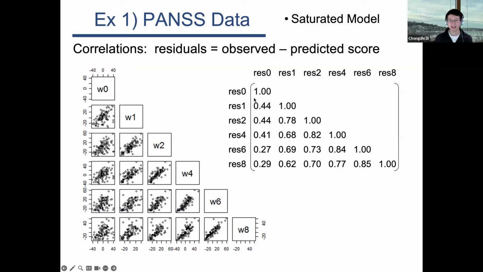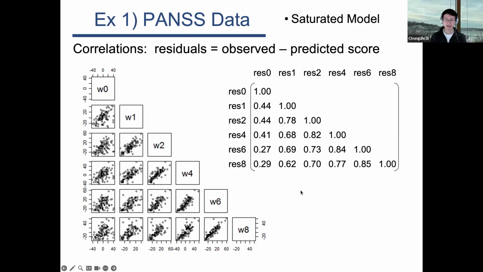The smallest here is about 0.44. The highest could be as high as 0.85. So really very high within subject correlation. Now, if you go towards this corner, generally speaking, the correlation becomes weaker, right? Over here, it's somewhere around 0.29.